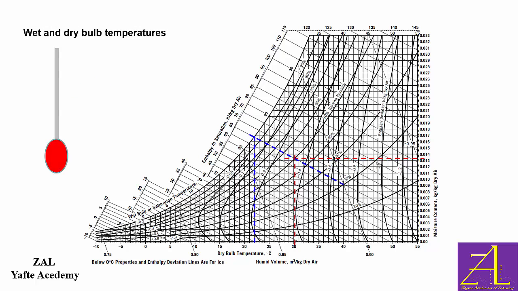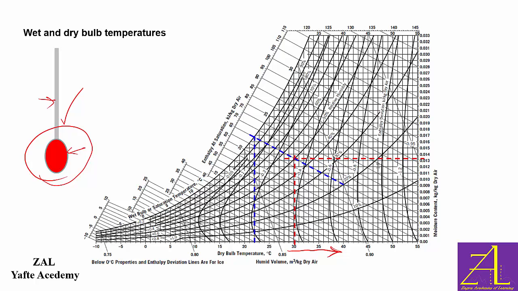Next is wet bulb and dry bulb temperatures. If I measure the temperature of air with a thermometer, the reading would be called dry bulb temperature. That you see here. So the numbers on this axis are all dry bulb temperatures. If I put a wet wick around the bulb, and then I let the air blow over it, I will read a lower temperature.